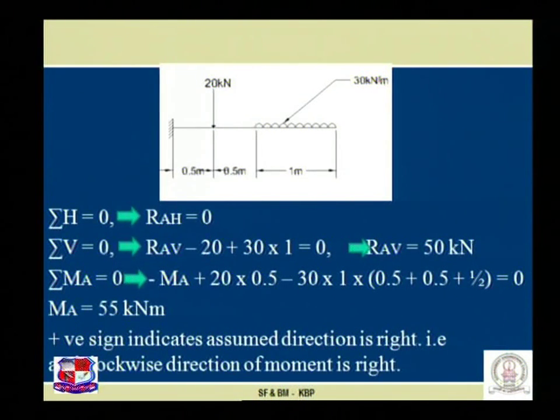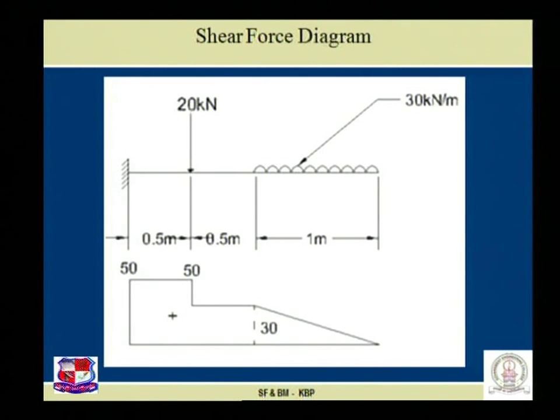Support reactions. As we know, the shear force diagram is 0 over here, no load is acting. Up to 1 meter the UDL is there, so 30 into 1, 30, and the variation is an inclined straight line. Then there is no load between these 2 points, so 30 remains constant, a horizontal straight line.